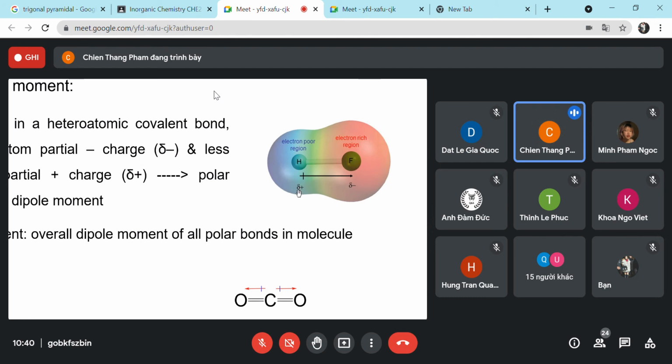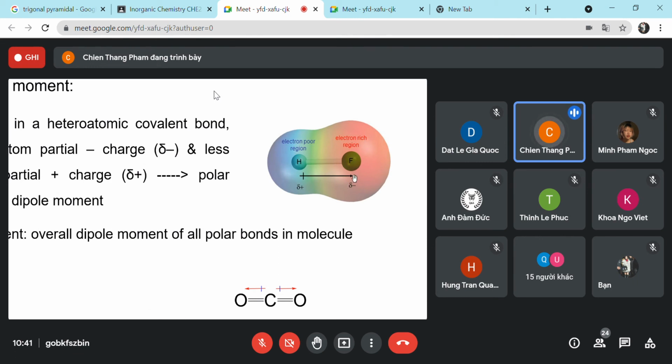According to the definition of the electric dipole, there is a separation between the positive and negative charge, so they produce an electric dipole, and the electric dipole is characterized by a dipole moment.